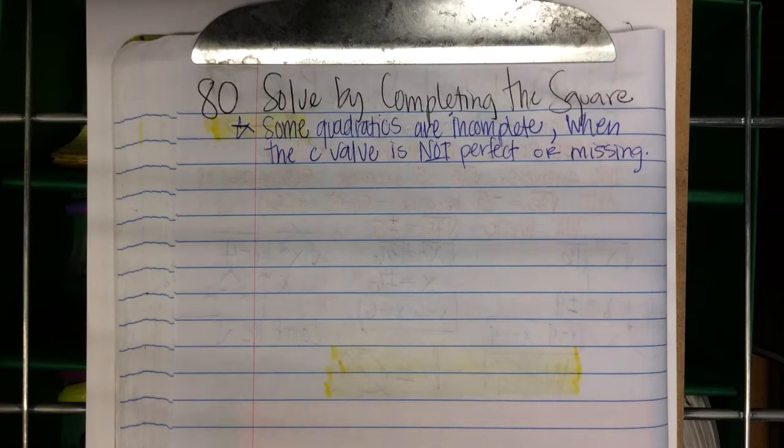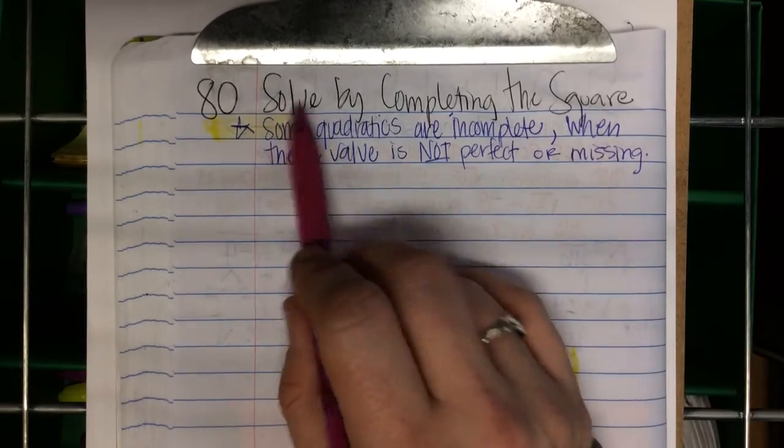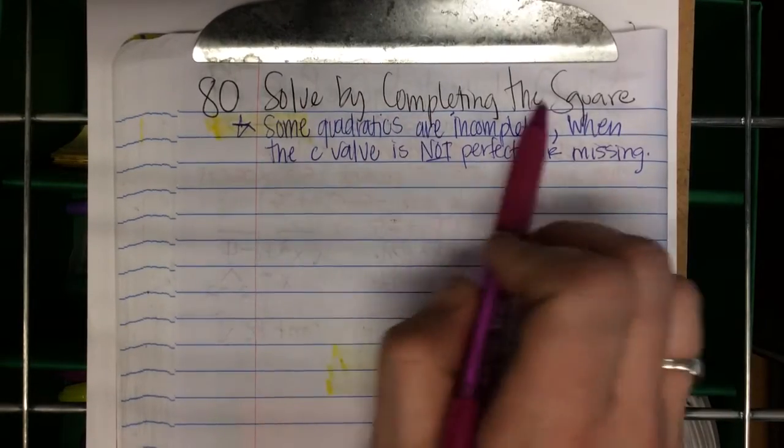So when the C value is not perfect, or even if the C value is just plain old missing, there is no C value. So we use this theory, this idea, this way of solving. It's called completing the square.